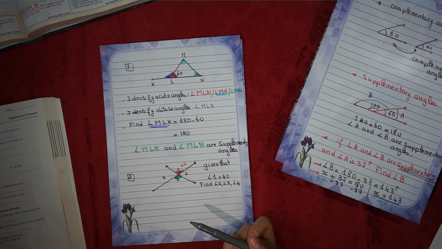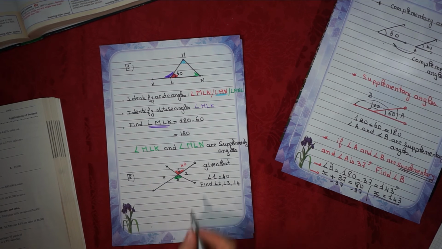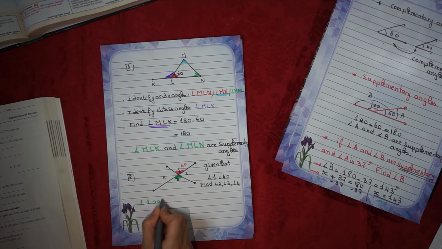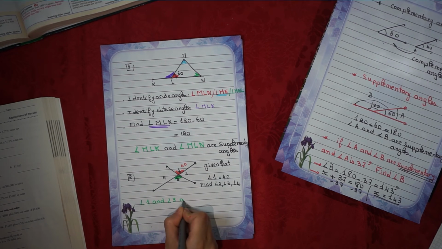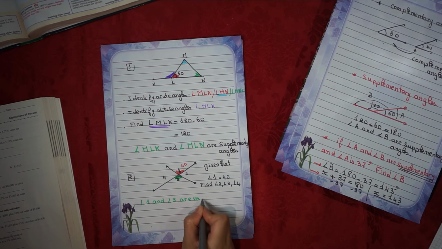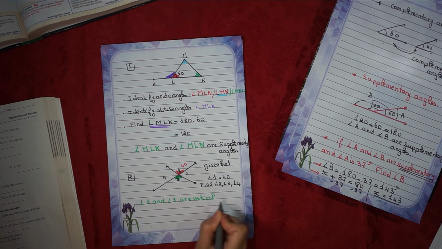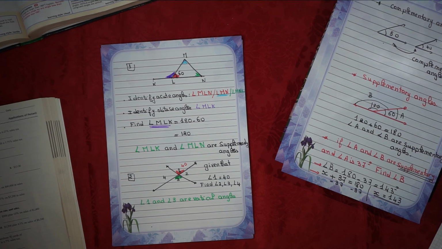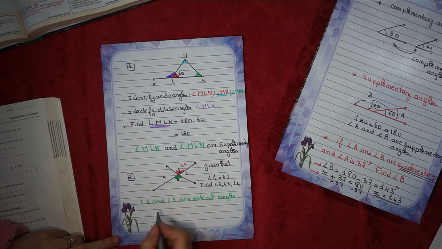So vertical angles means congruent angles, they have the same measure. So angle 1 and angle 3 are vertical angles. Since they are vertical angles, they are congruent angles.